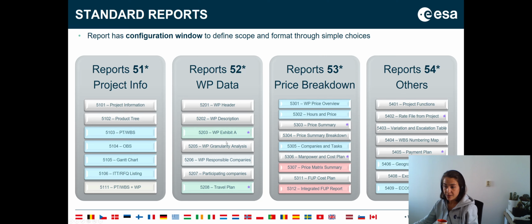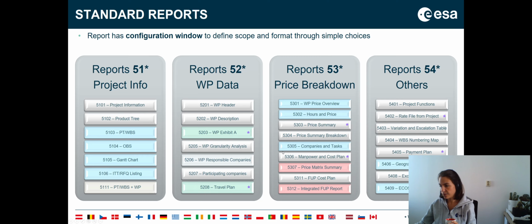For example, here is the Exhibit A. As you've seen, the Exhibit A is in fact an annex of the PSSA2, but it can also be produced as a separate report here, which is the report 5203, and will give you a list in Excel of the Exhibit A notes. Also, your travel plan can be Exhibit B of the PSSA2, or here the report 5208.